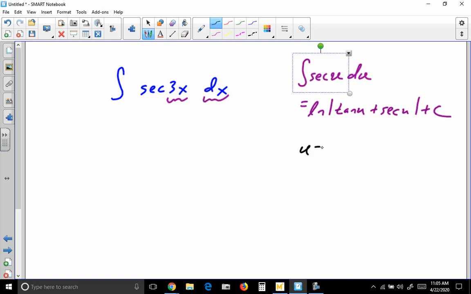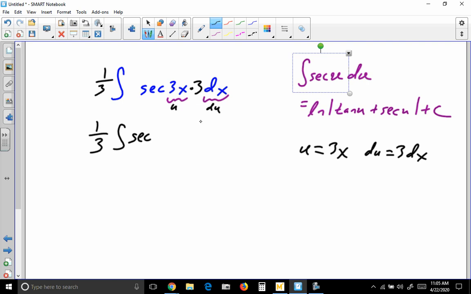So if u, that's the inside of secant, is 3x, du would be 3 dx. So we would need a 3 to go with the dx, and if we multiply there by 3, we divide there by 3. So we have 1/3 the integral of secant u times du.